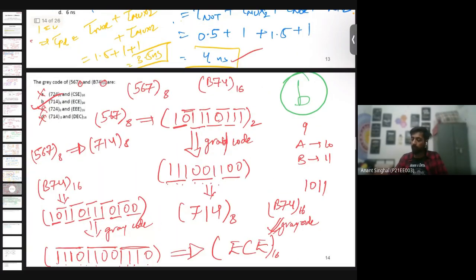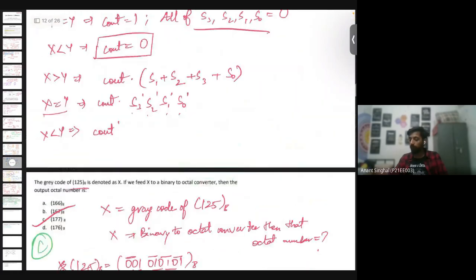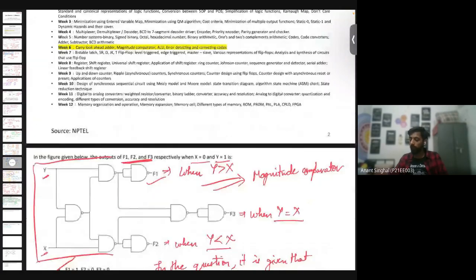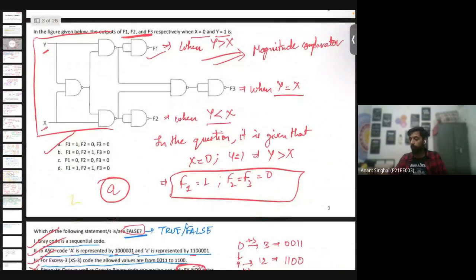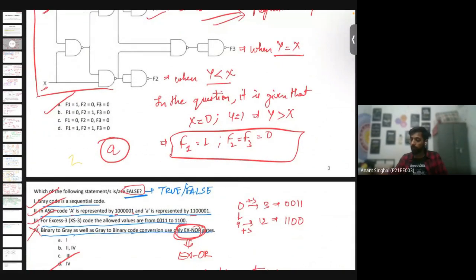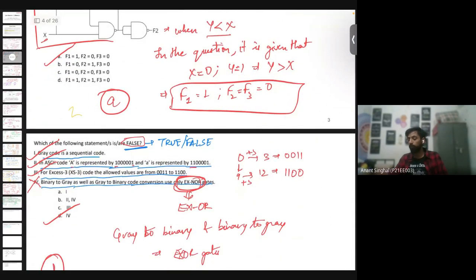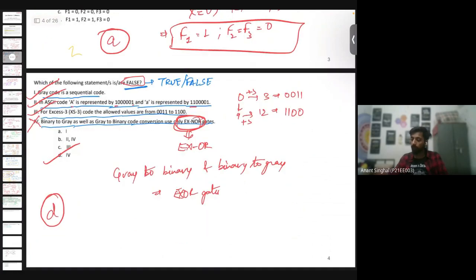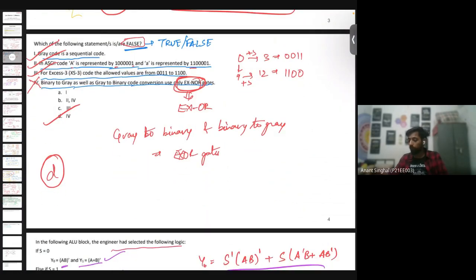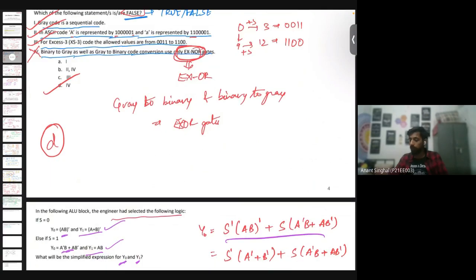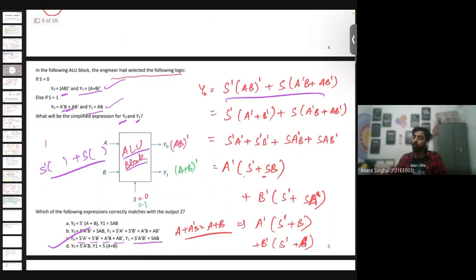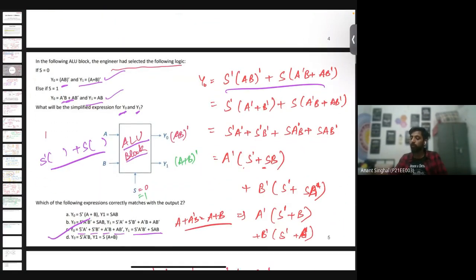I'll repeat again what we have covered, and then we'll proceed to the next question straight away. The first question was on magnitude comparator circuits, and according to the conditions given in the question, we found the answer. Then the next question was a true-false type question, which contained some basics. The most interesting question was one in which an ALU block was given, and we needed to calculate y0 and y1 according to the conditions given.